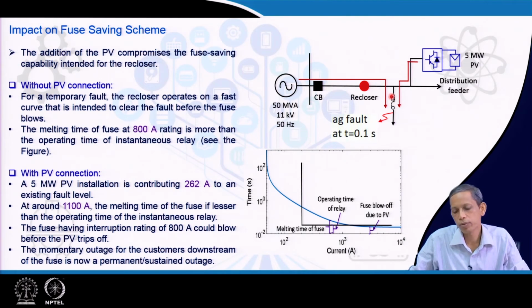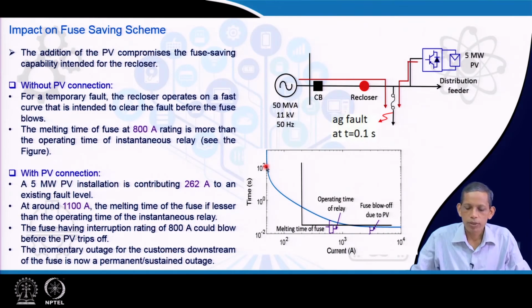Let us come to an example in this situation. Here we have the fuse, the fault happens to be here, and the fault current is contributed from this side and also from this side, this 11 kV system. Now, we have a fuse characteristic in blue, and we have instantaneous protection first.